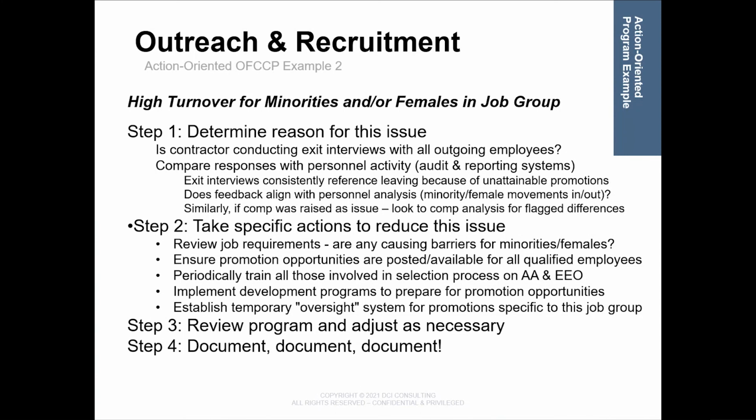Other useful data regarding turnover came from the company's audit and reporting systems, and that data often can serve to confirm information derived from exit interviews. So for example, if the majority of the 3B females stated in their interviews that they were leaving because it was impossible to get promoted, the company should then look at their personnel activity analysis of all promotions, both within and then out of that job group.